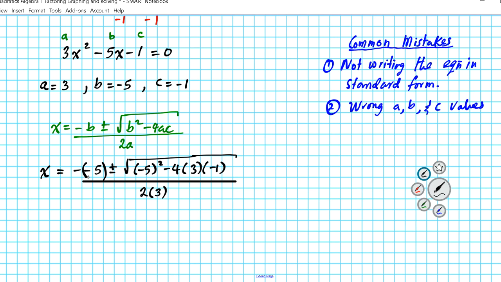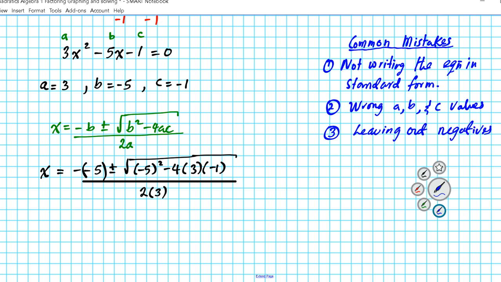This is a big mistake many students make: the error associated with negatives. They leave out negatives. For some reason, the negative sign disappears and your answer will be wrong. So common mistake number 3 is leaving out negatives.